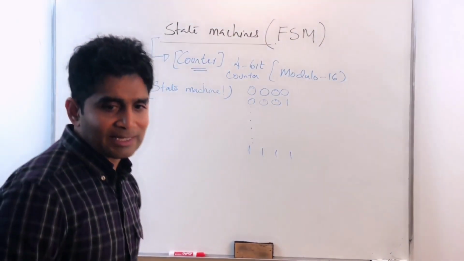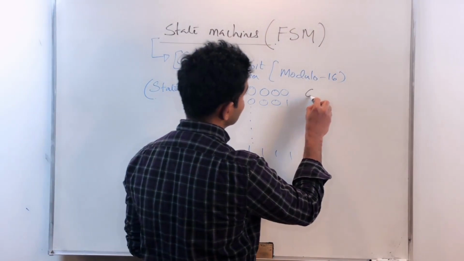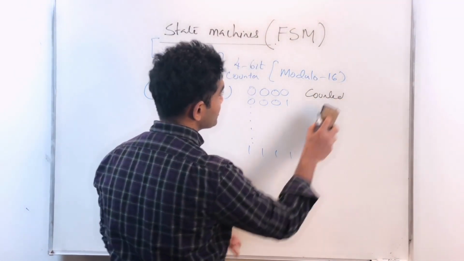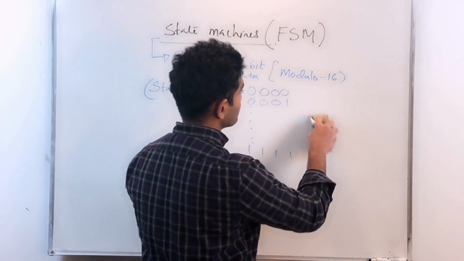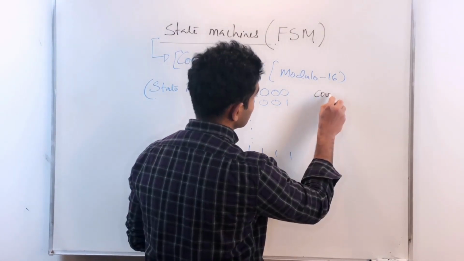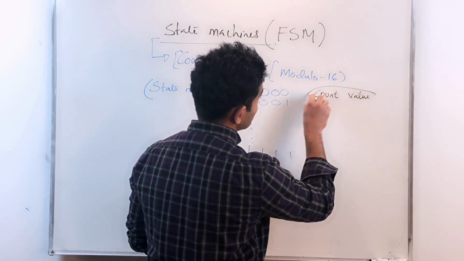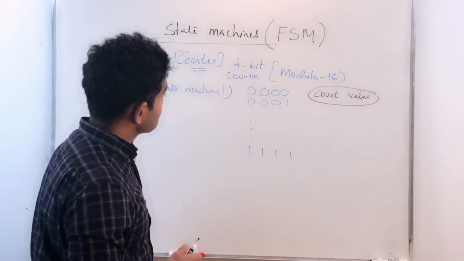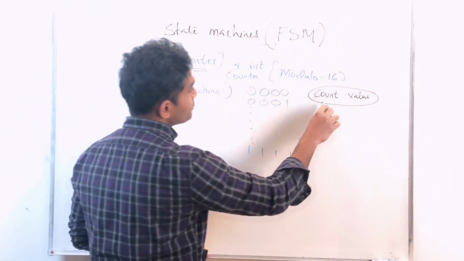So in this example, each count can itself be counted as a state, right? Each count, the count value, is counted as a state. And of course, how would you design this?